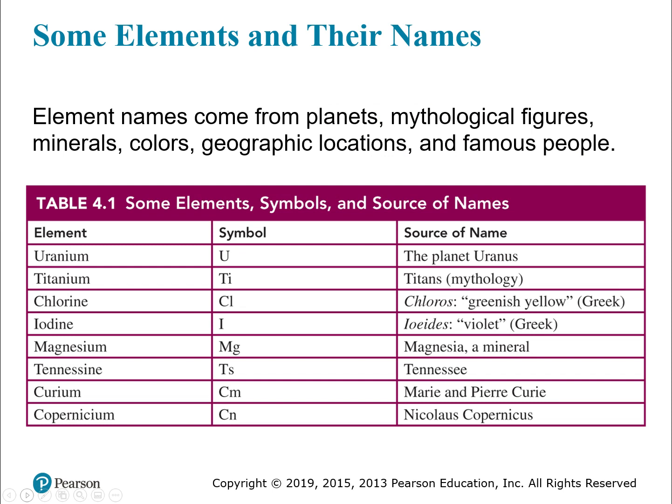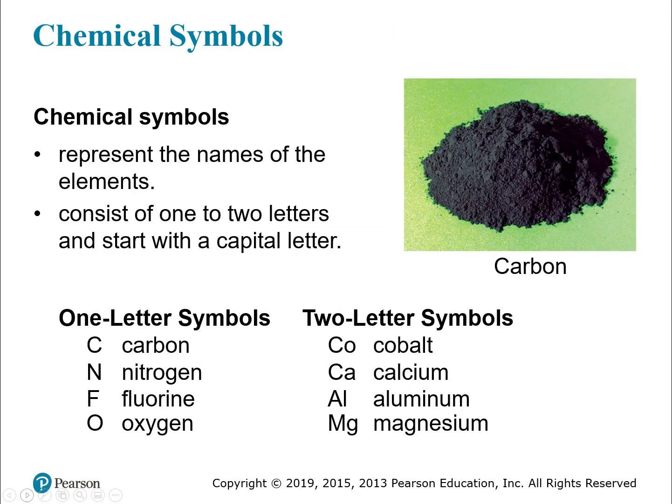The names of elements come from a wide variety of places, from planets to mythological features or figures, colors, locations where they were first found, people who discovered them, all sorts of places. Chemical symbols represent the name of the element, and that's what you're going to see on the periodic table.